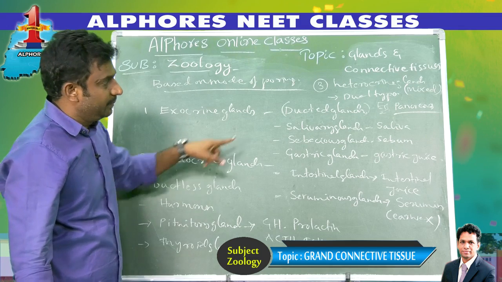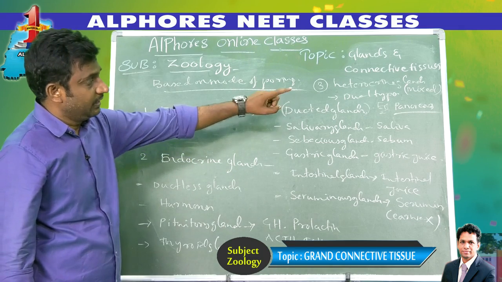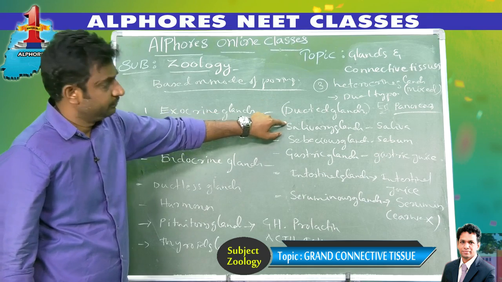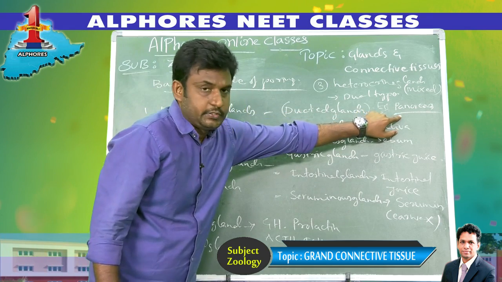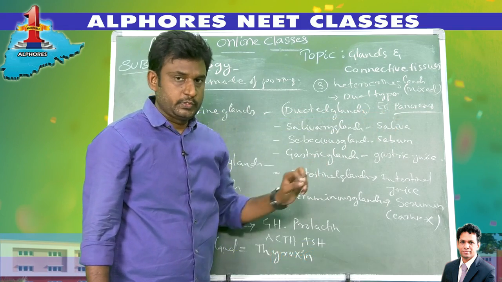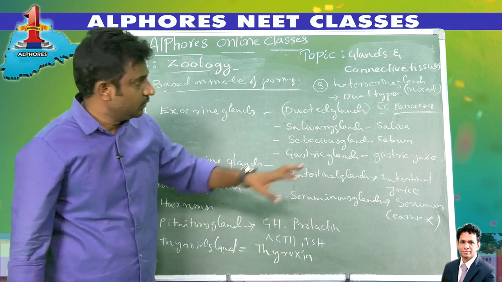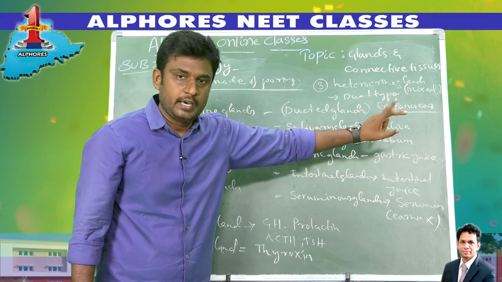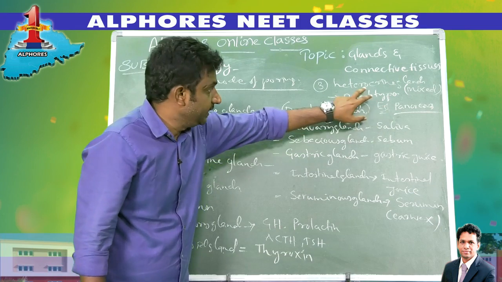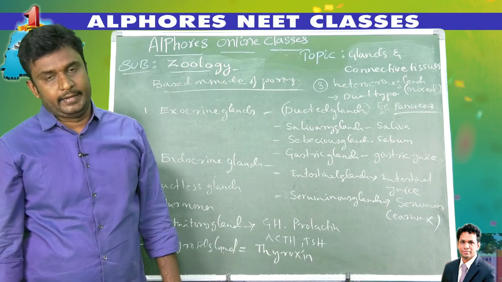It releases juices called pancreatic juice, which are useful for digestion, and it also releases hormones. Both hormones and juices are released by the pancreas. That's why it is a heterocrine gland, or a mixed gland.